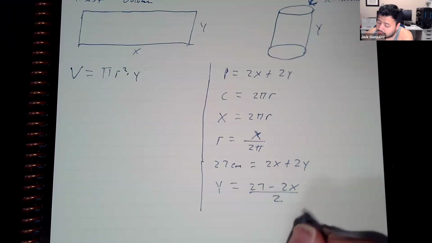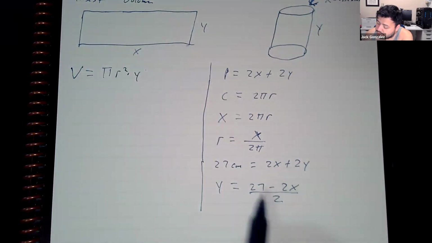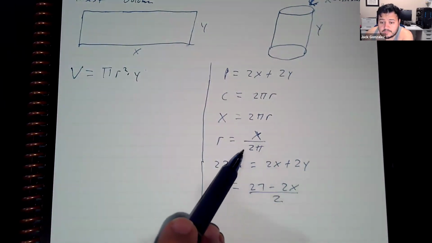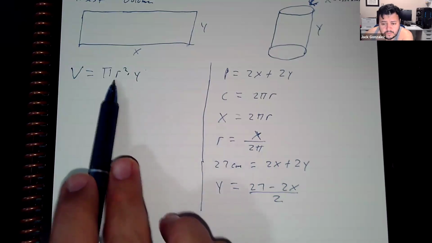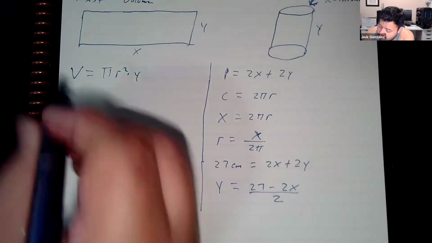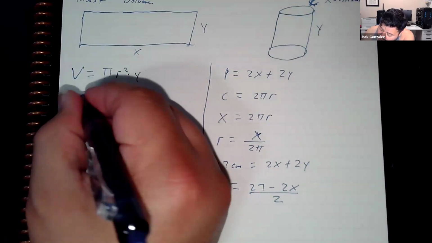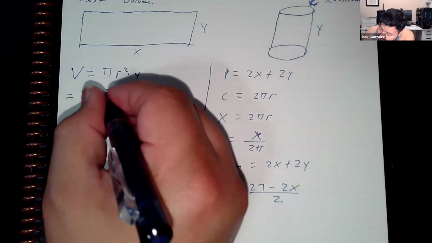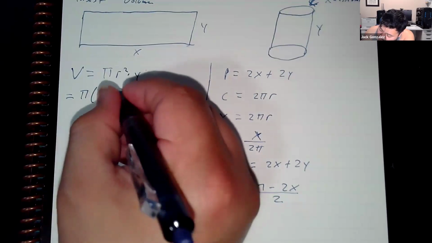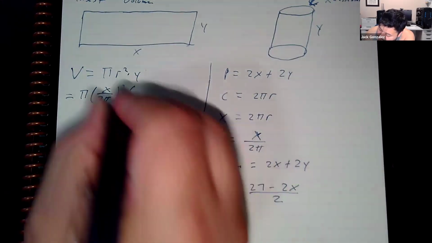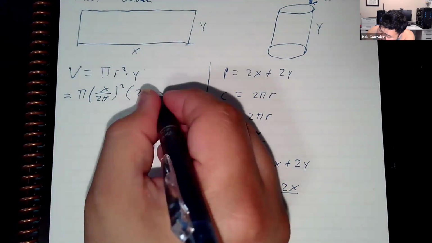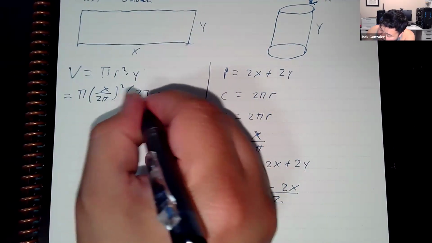So just plug that in for the y. Plug in this radius for the radius here. Now we have everything in terms of x. So that's the goal. So we'll get x over 2 pi squared times 27 minus 2x over 2.